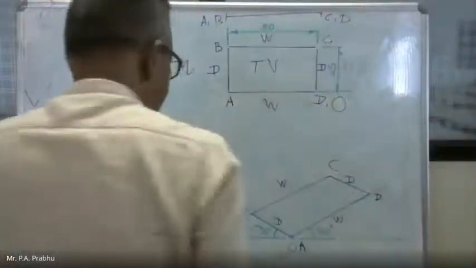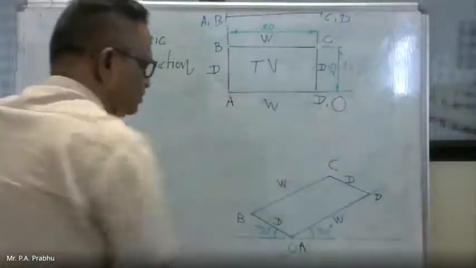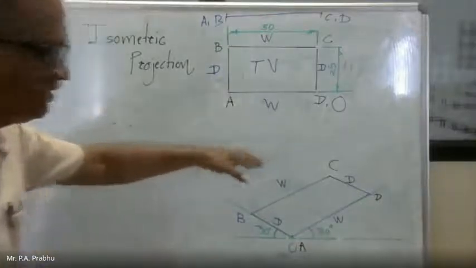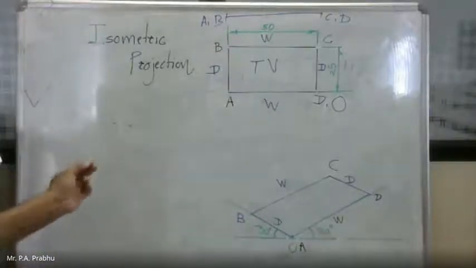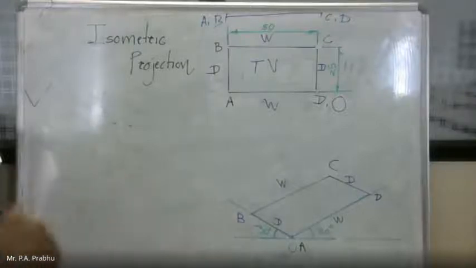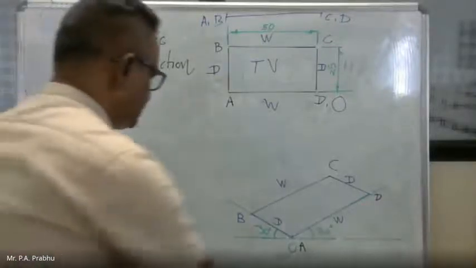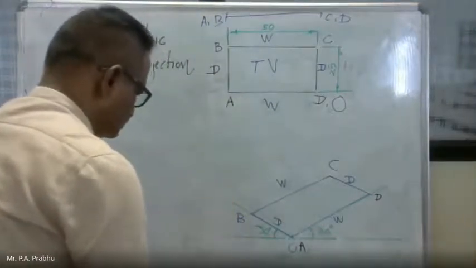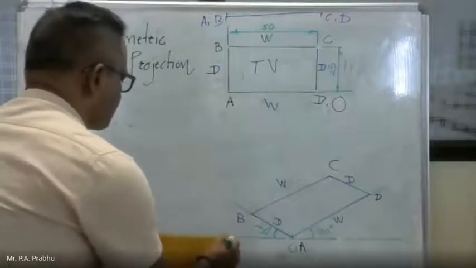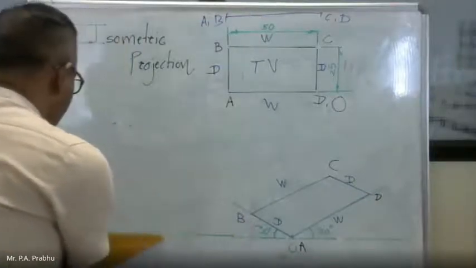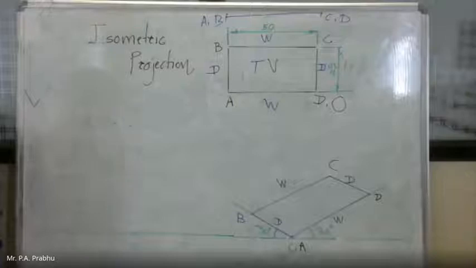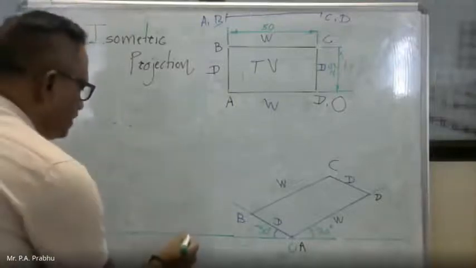So when O is here, what will be the change now? Now we have to mark the width or length on your left side and mark the depth on your right side. So here I draw a horizontal line and mark O here anywhere.